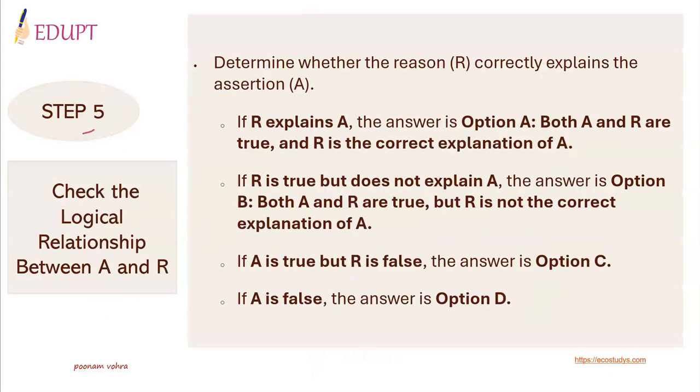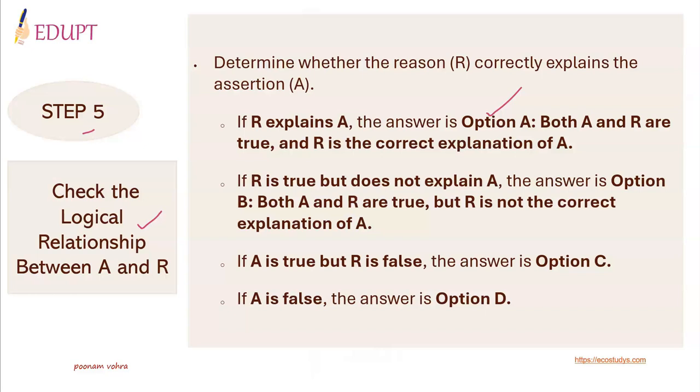Step 5. Now you need to check the logical relationship between assertion and reason. Determine whether the reason correctly explains the assertion. If reason explains assertion, the answer is option A. That is, both A and R are true and reason is the correct explanation of assertion.